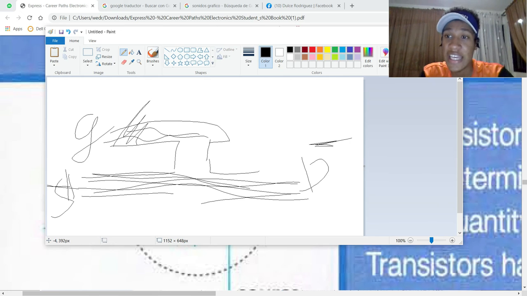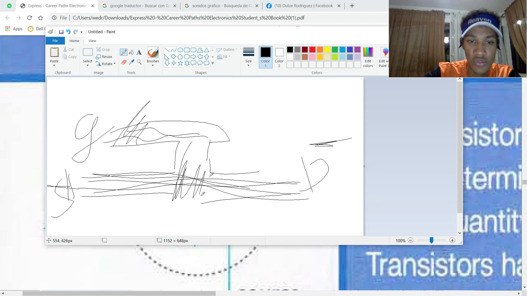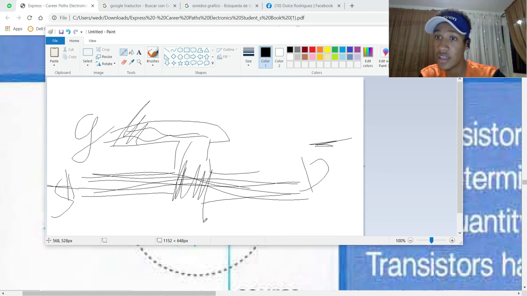But in the transistor, you need to put the voltage continuously, because if you don't put it, the gate or base is closed. In the MOSFET, you don't need to do that. This is the difference between the transistor and the MOSFET.